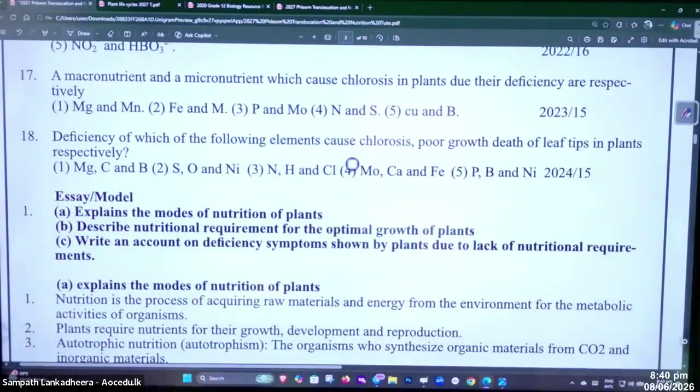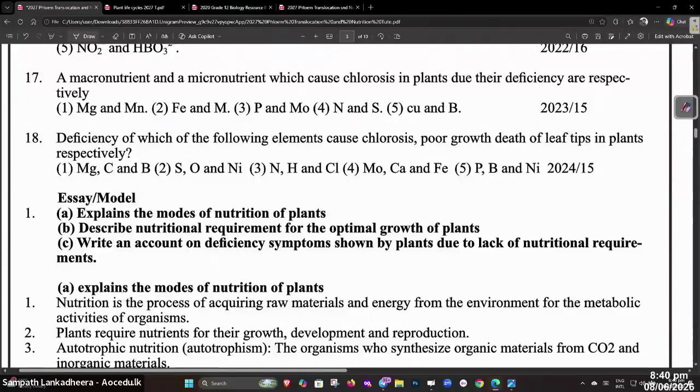Question number 17. Which macronutrient and micronutrient cause chlorosis in plants due to their deficiency, respectively? What's the answer?